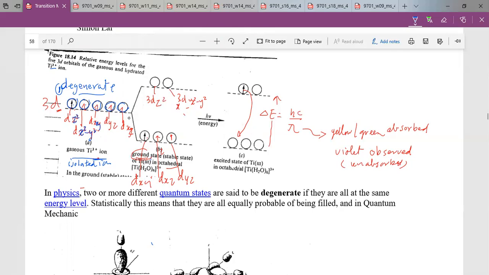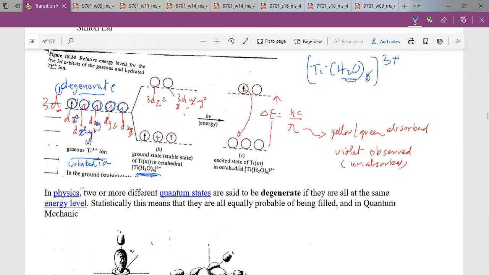But the point is, once you have a complex ion, see, this is the aqueous complex ion, Ti(H2O)6 3+, sorry, 6 over here.